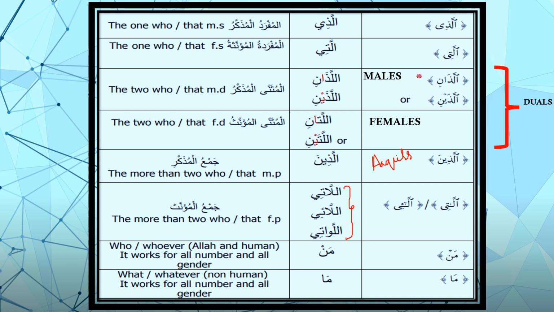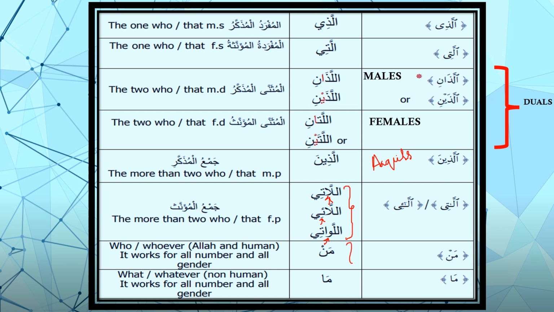Either you may see a difference in the letter here, or you can see the addition of the letter waw here, but the meaning is the same. You can use either one of them, and it's used for feminine jama. The first one is allati, allai, allawati. So either one you can use.